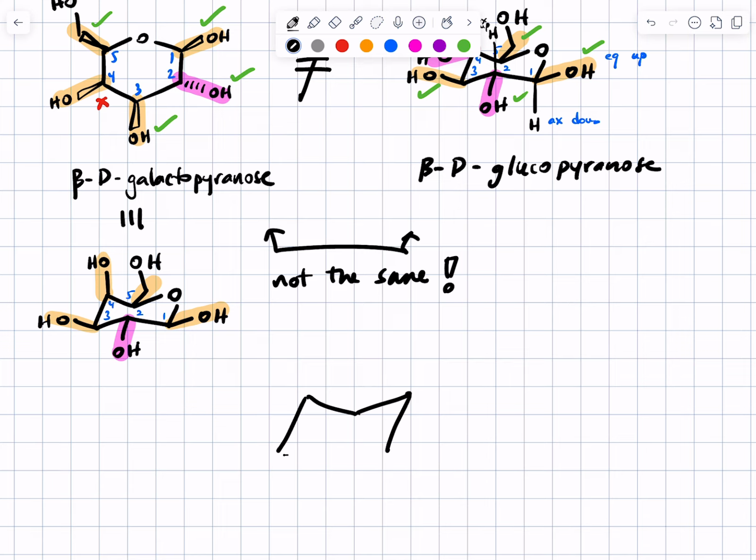In a chair conformation, you have carbons that I'm going to highlight in pink that are at valleys. I call those down carbons. You can call them valley carbons if you want. And then there are carbons that are at peaks, and I call them up carbons.